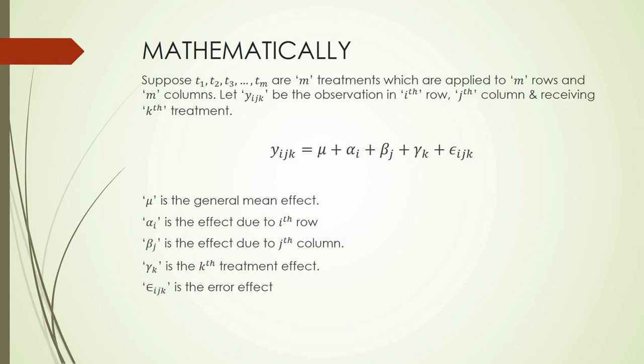Then the model can be written as Yijk = mu + alpha i + beta j + gamma k + epsilon ijk, where mu is the general mean effect, alpha i is the effect due to ith row, beta j is the effect due to jth column, gamma k is the kth treatment effect, and epsilon ijk is the error effect.